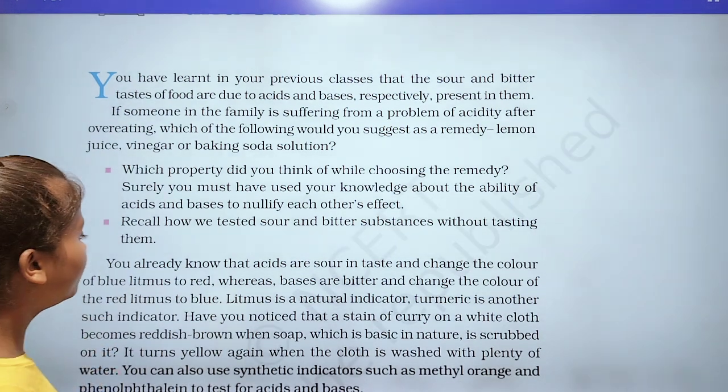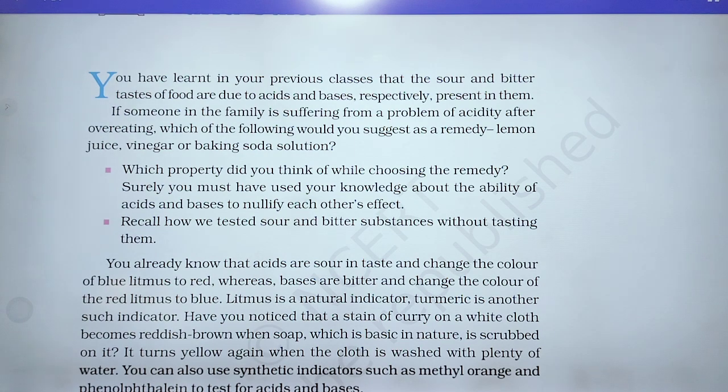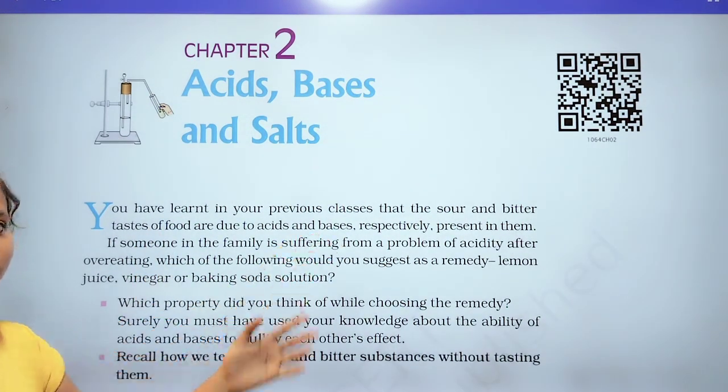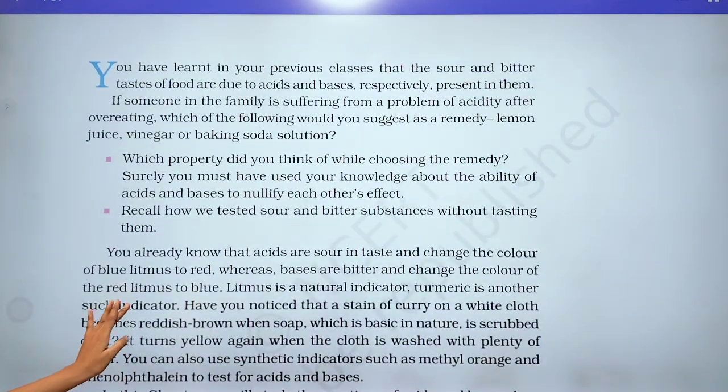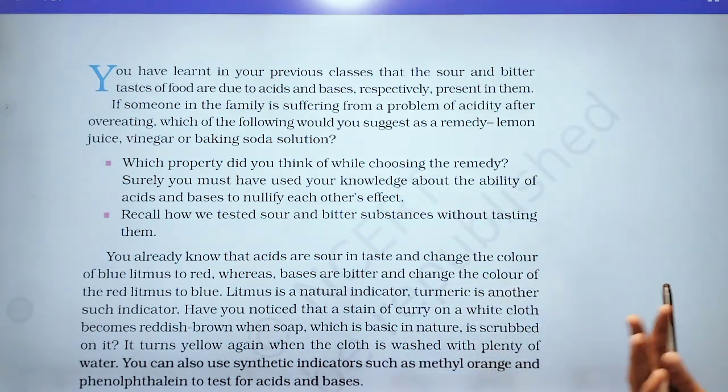Now recall how we tasted sour and bitter substances without tasting them. It means now we are talking about bitter and sour taste. Recall how we can check whether a thing is sour or bitter without tasting it.